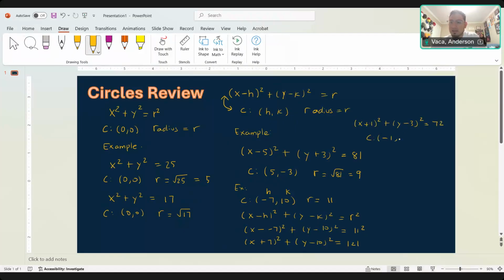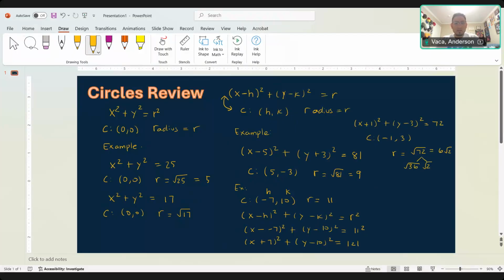The opposite value of negative 3 is positive 3. And the radius is the square root of 72. But don't forget that this can be simplified. And so therefore the square root of 36 will be 6. And there's nothing we could do with the square root of 2. So therefore that will be that on that.